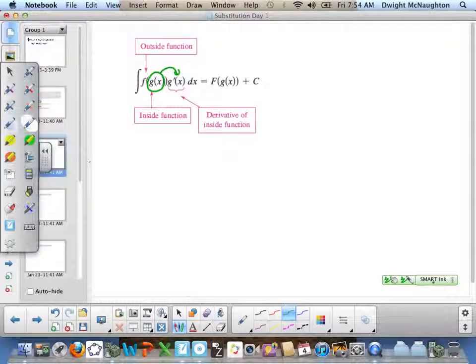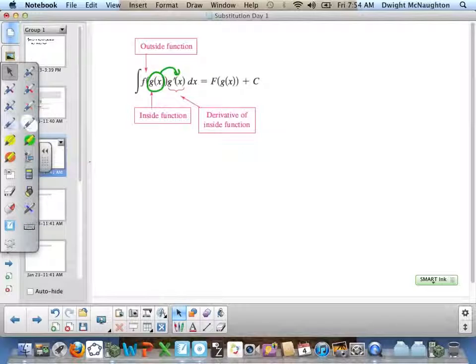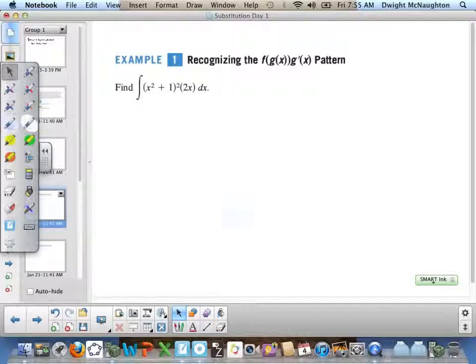Now it's not going to always be exactly a derivative, but it's going to be within a constant, meaning multiply or divide by a constant. So let's look at a few of these examples. Remember, we're going to try and recognize a function inside of a function.